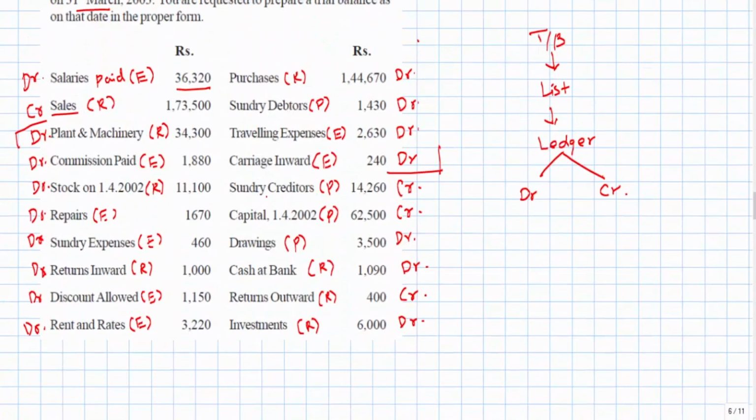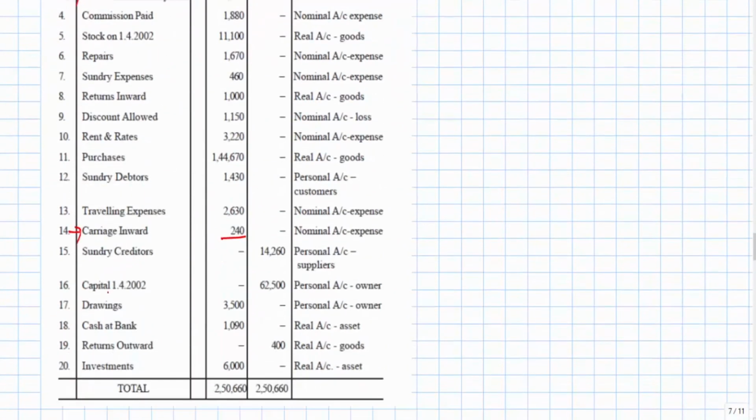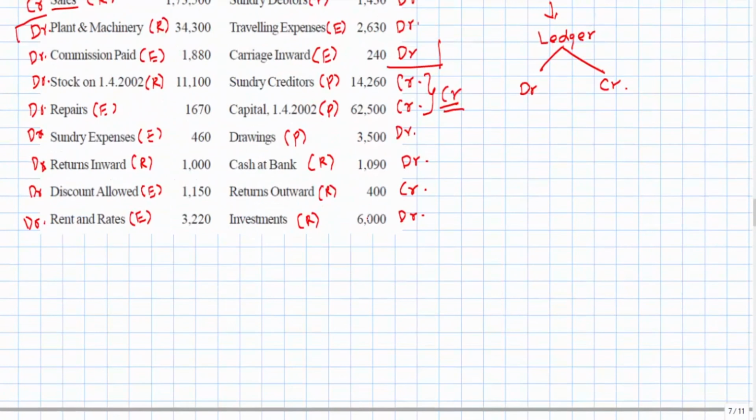Then we have sundry creditors and capital. These two items will have credit balances. So go to trial balance next to carriage inwards. Yes, sundry creditors and capital having credit balances. Then we talked about the remaining items, basically the drawings, cash at bank, return outwards and investments.